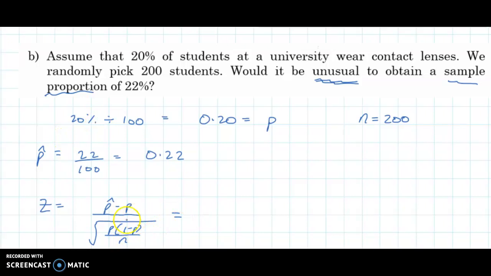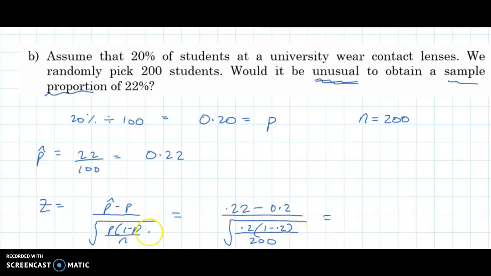It's the population P, not P hat. So we have all the values: P hat is 0.22 minus P, which is 0.2, all over the square root of 0.2 multiplied by 1 minus 0.2, all over 200.